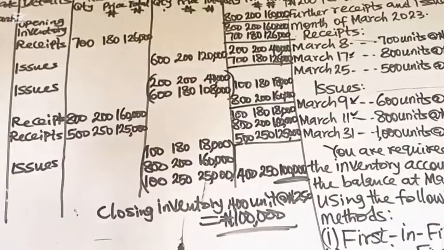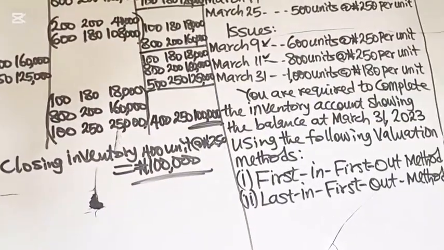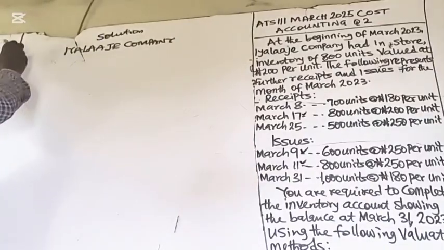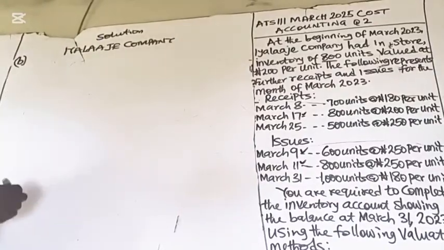Then requirement B asks us to make use of the last in, first out method. From the B part of the question, you are required to complete the inventory account showing the balance at March 31st, 2023 using the last in, first out method.